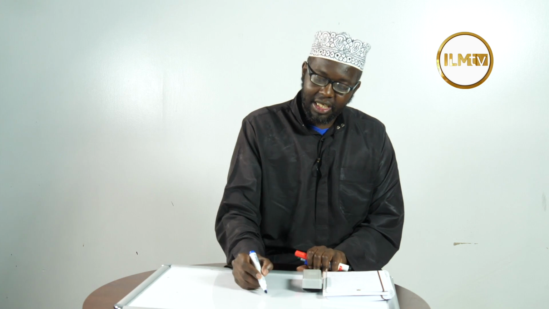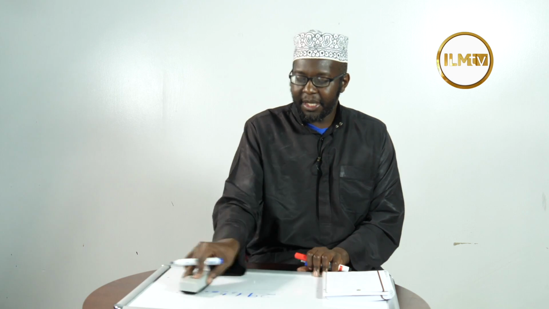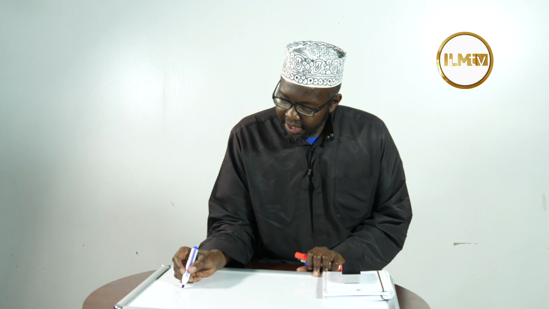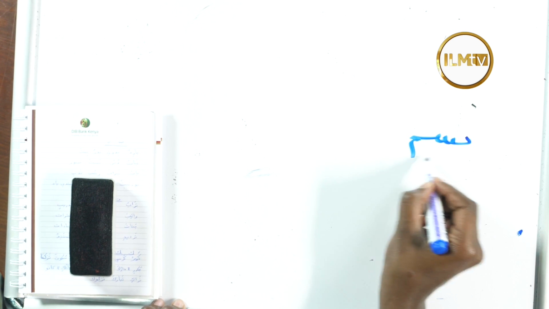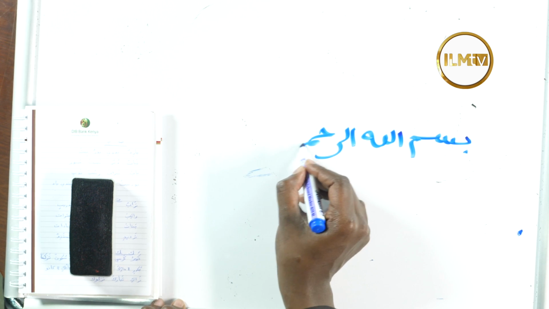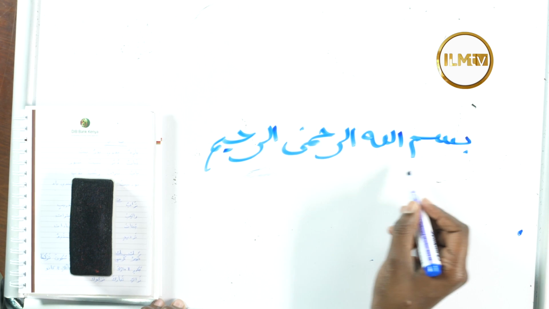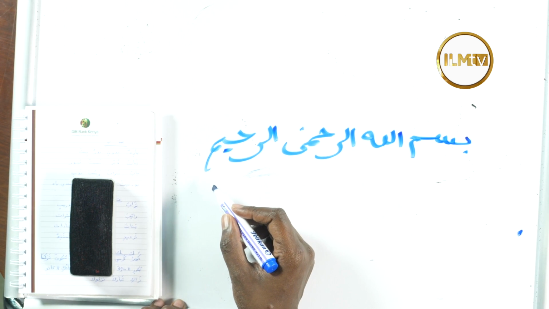Now, what have we covered so far? We said at the beginning that Arabic has 29 letters. And I remember to give you a sample of writing. The longest sample we've ever done was Bismillahir Rahmanir Rahim.